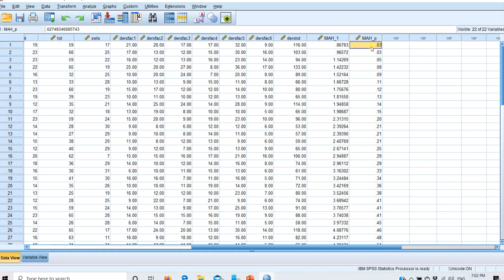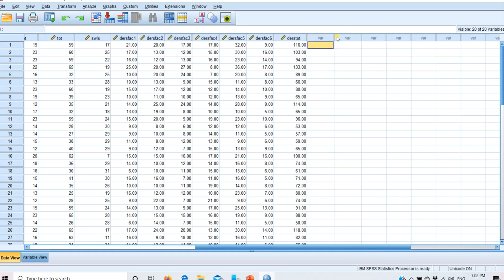This is the lowest p-value that we have obtained, and it is greater than 0.001. It is 0.03. So this analysis demonstrates that there is no multivariate outlier in this analysis. Let us delete these two. So whenever you do these things, we should delete so that the original data is retained.